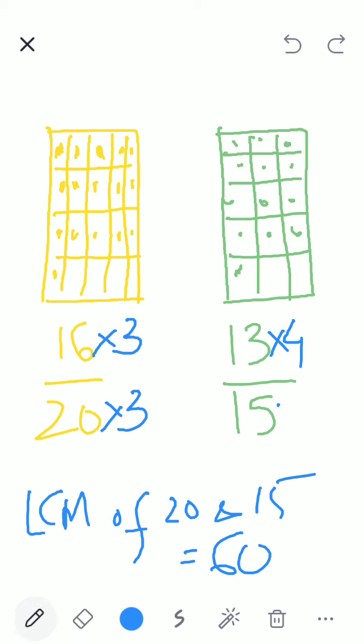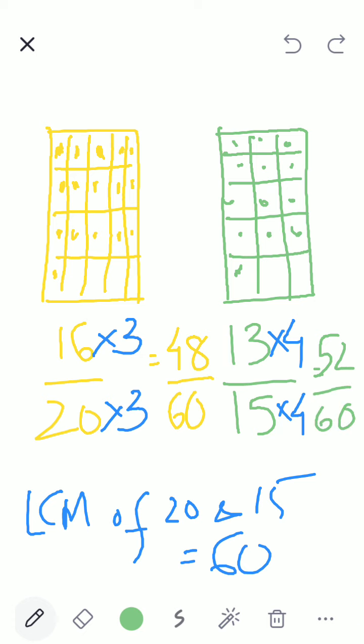So 16 into 3, the yellow chocolate fraction becomes what? Very good. And 13 fours are 52 by 60. So then I will rub all this.